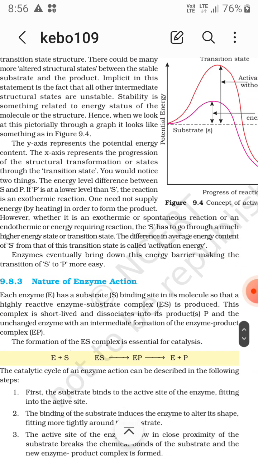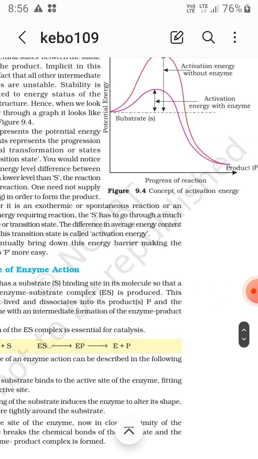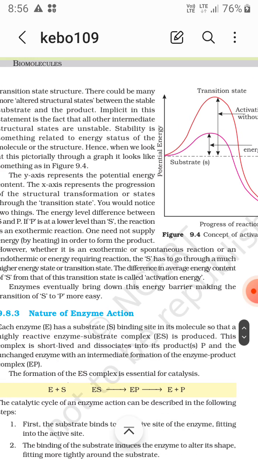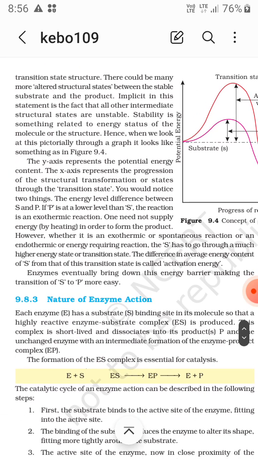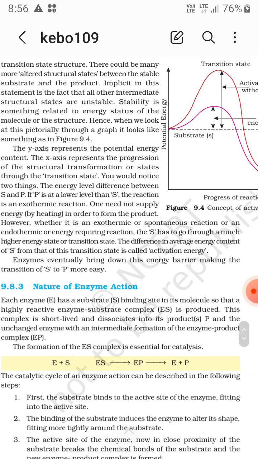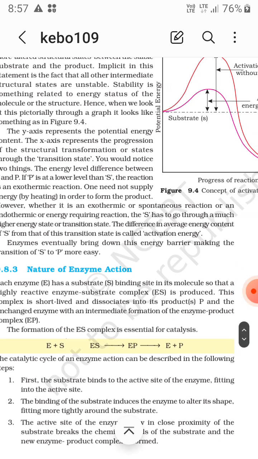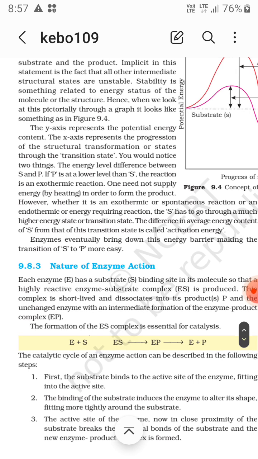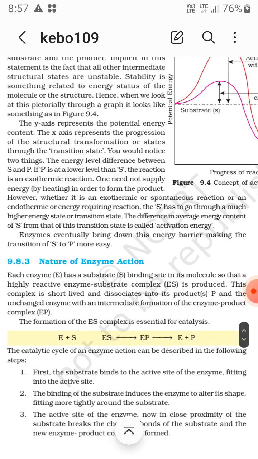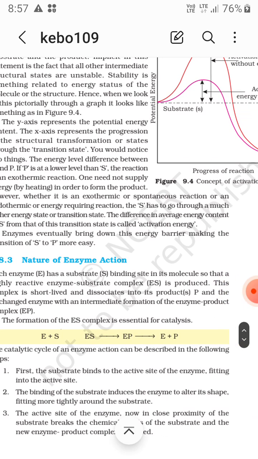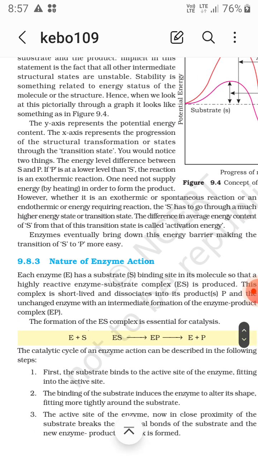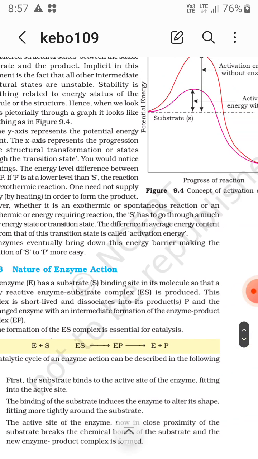If P, the product, is at a lower level than S, then the reaction is exothermic, that is, energy is being released. However, whether it is an exothermic or spontaneous reaction, or an endothermic or energy requiring reaction, the substrate, that is S, has to go through a much higher energy state, the transition state.